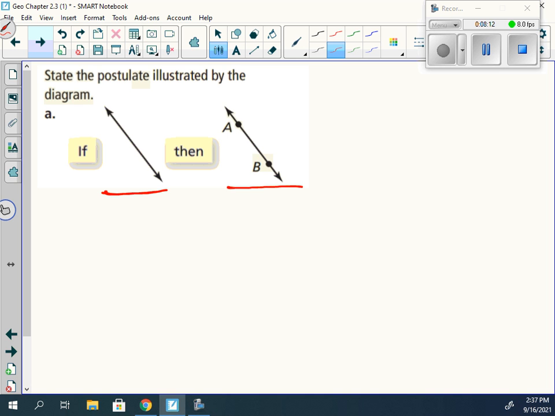What did we start with? So that's the 2-point, yes? So what did the 2-point postulate start with? Through any 2 points, there exists exactly one line. Well, what did this start with? A line, yes? What's the line postulate say?